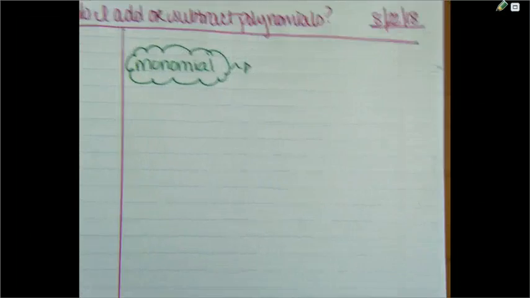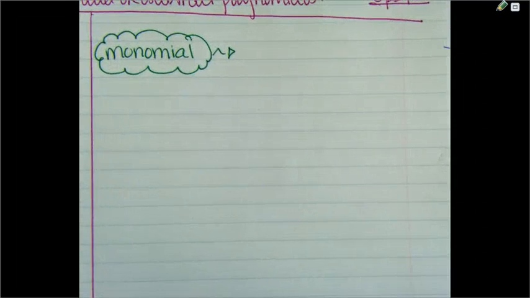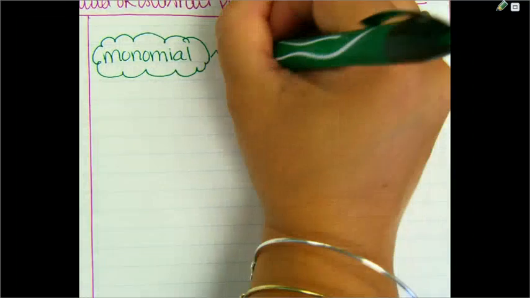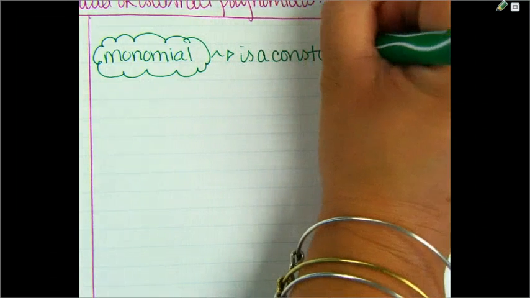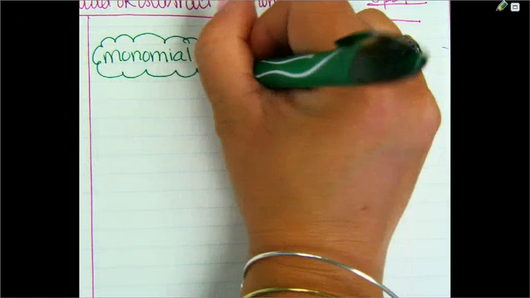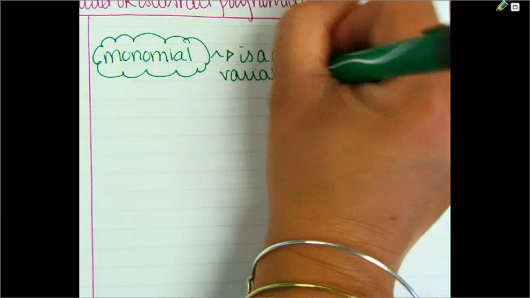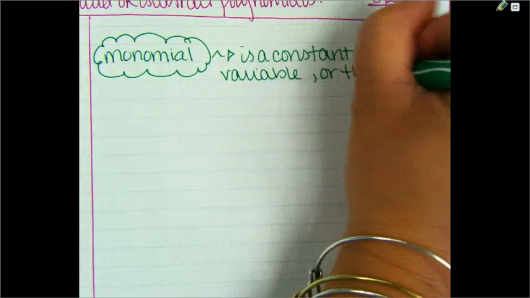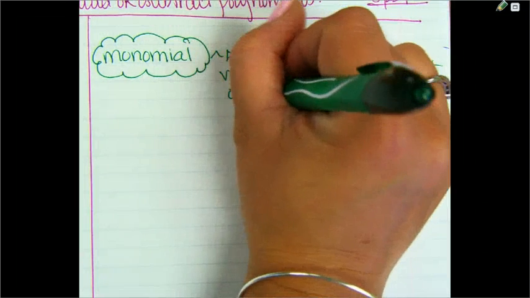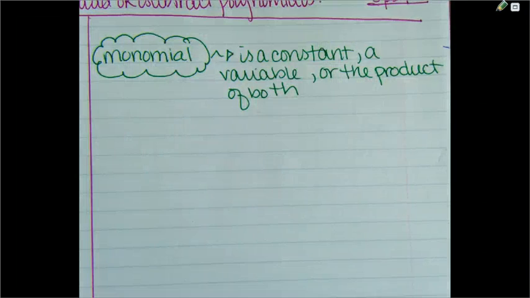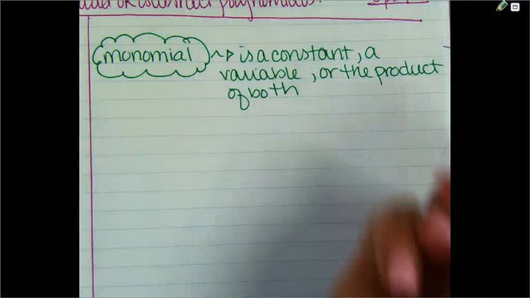All right, what is a monomial? A monomial is a constant or a variable or the product of both. First of all, what's a constant?